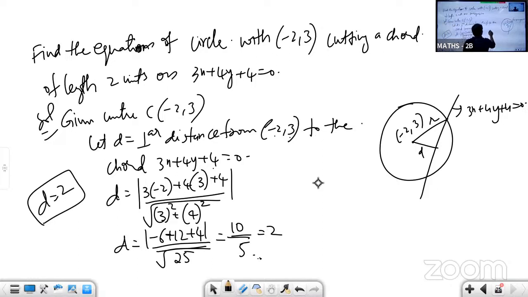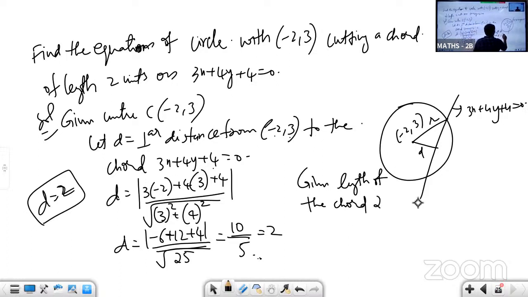Now, what he has given is the length of the chord. Length of the chord, 2 into under root of R square minus D square, is given as how much? 2 he has given. Means both sides 2 get cancelled. R square minus D square equal to 1.